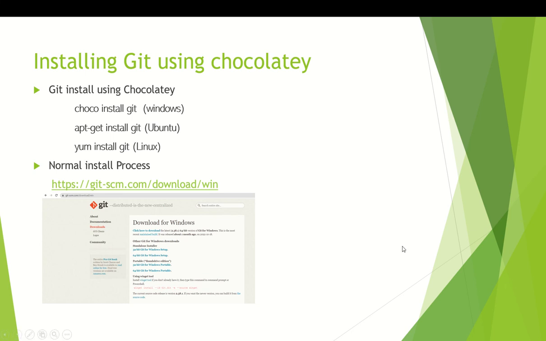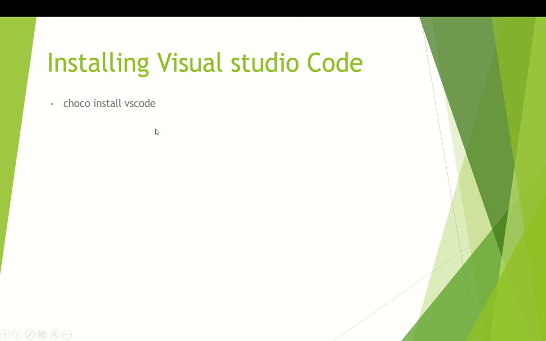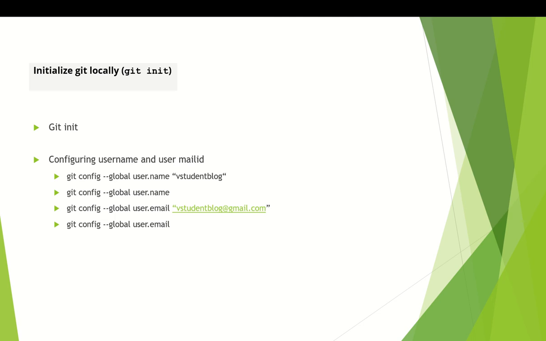If you want the normal process, download the 32-bit or 64-bit installer, double-click it, accept the license, next, finish, you can get it from here. And for Visual Studio Code, choco install vscode, that we need to do. So these are the commands we'll be using.